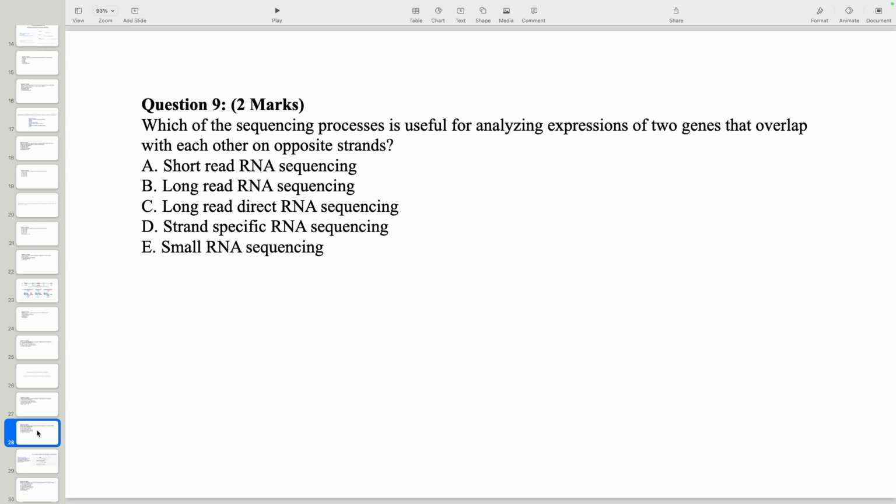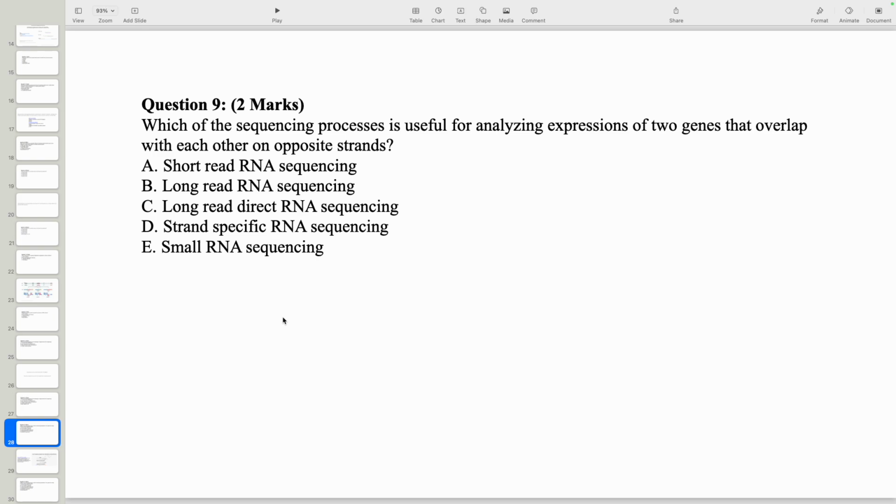If there is an overlapping region of two genes, on the reverse as well as the forward strand, to analyze this sort of data, what sort of sequencing should we go for to differentiate that this gene is coming from this strand and this gene is coming from this strand, because overlapping can happen among genes present on different strands.